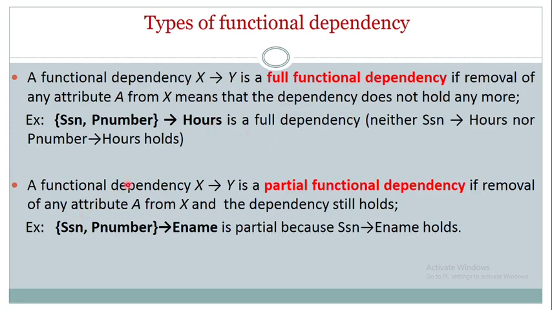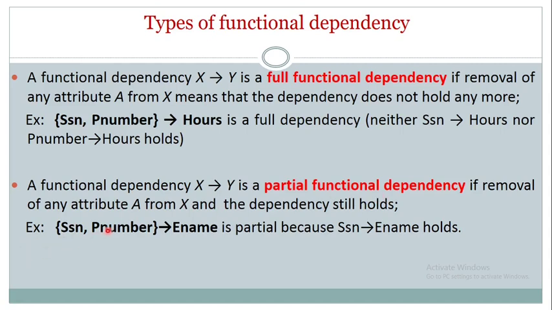Let us understand about partial functional dependency. A functional dependency X tends to Y is a partial functional dependency if, on removal of any attribute A from X, the dependency still holds. Let me consider this example.